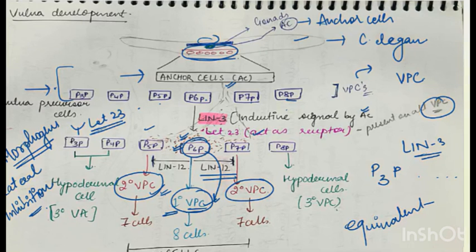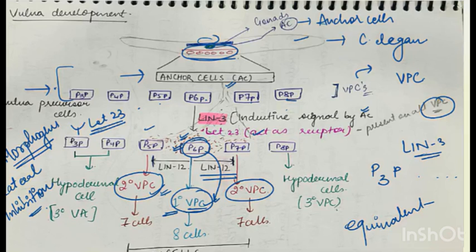Because P6P is present in the nearest vicinity of the release, it receives the highest concentration. And in developmental biology, the entire process works upon the morphogen gradient. So, highest concentration leads to the conversion of P6P into your primary vulval precursor cell.